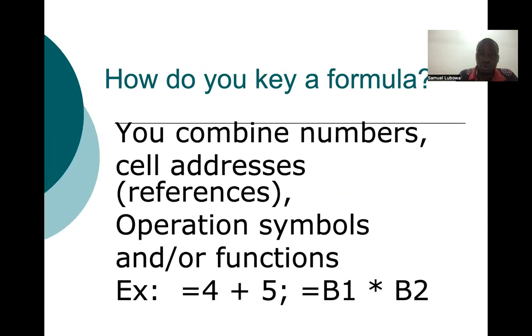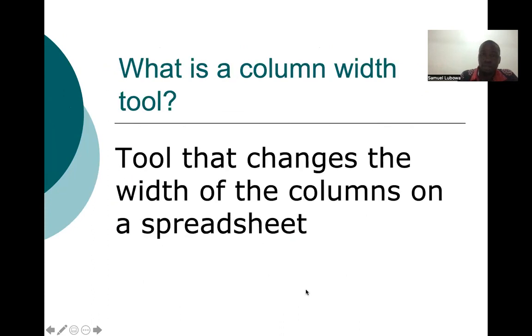How do you key a formula using this? Like I told you, this one down here is a formula. Because I told you each and every formula or function must, it is not optional, but it must start with an equal sign. That is why you see equals 4 plus 5, you get.